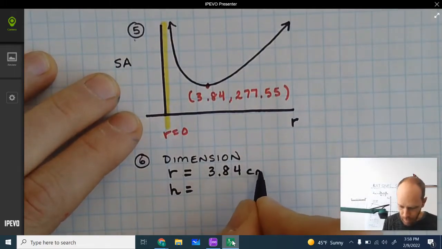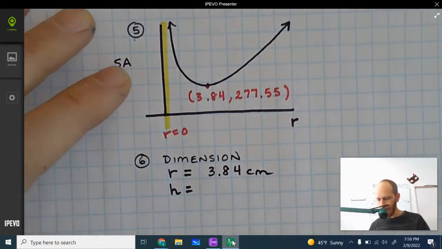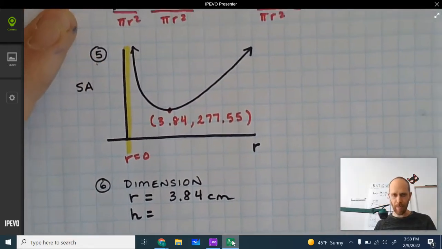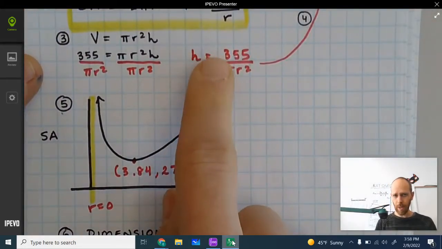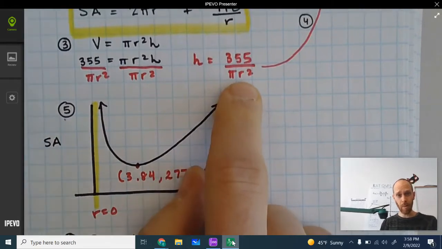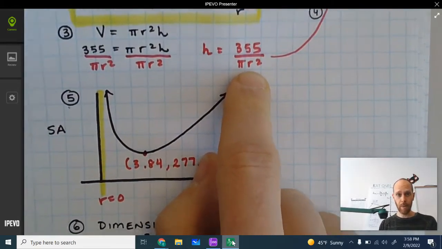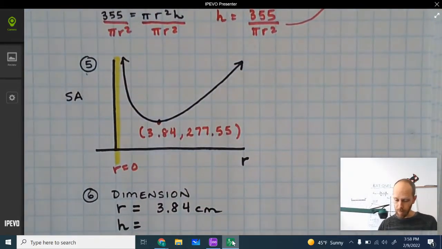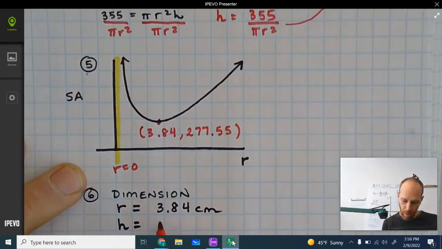It would be 3.84 centimeters. If we want the height, I think the easiest way to find it would be to use this equation right here and plug our radius in there. So I'm going to plug in 355 over pi times 3.84 squared.